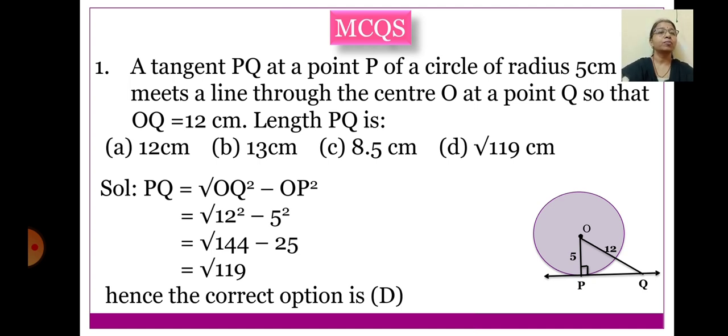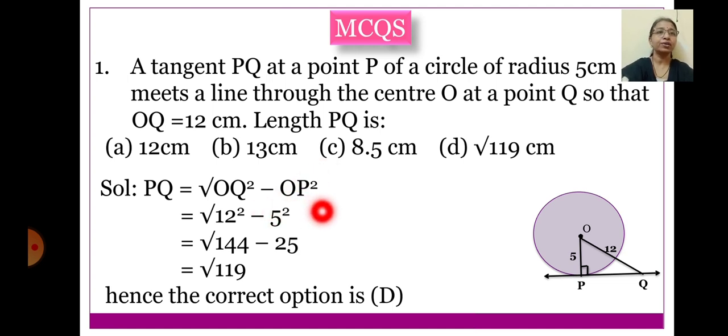So by that first theorem, OP is the radius and PQ is the tangent. So radius is perpendicular to the tangent at its outer end. Therefore triangle OPQ is a right angle triangle. So apply Pythagoras theorem here. PQ is equal to, I have directly written, square root of OQ square minus OP square.